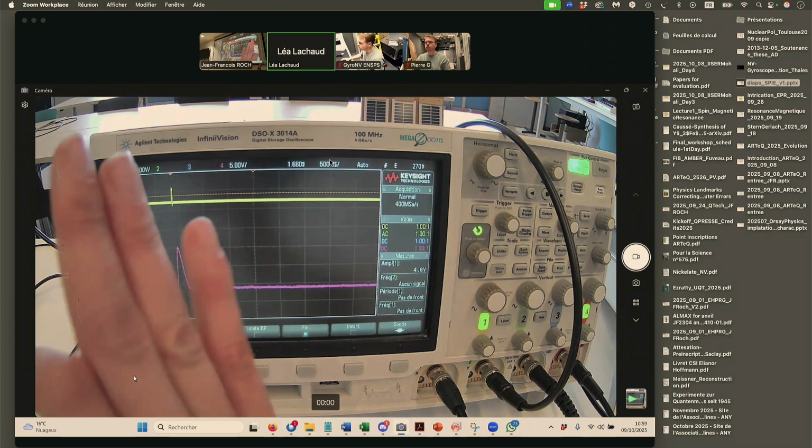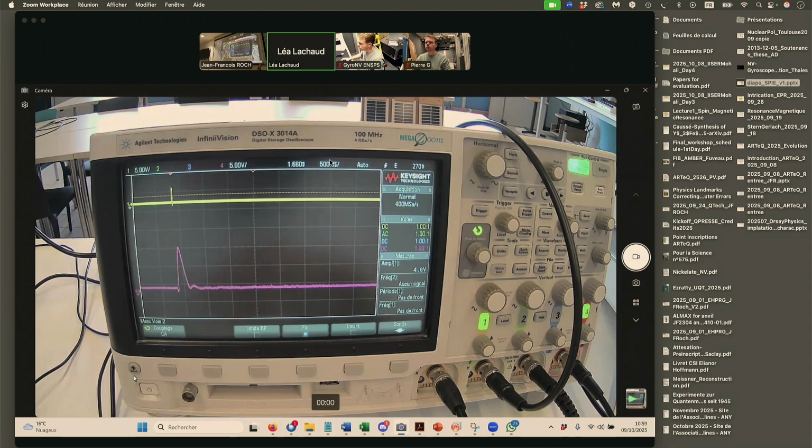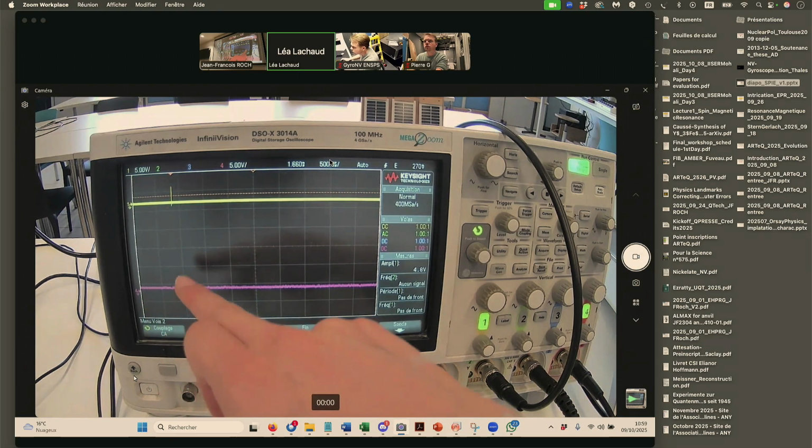So when you do a pi-half pulse, equivalent in terms of Bloch sphere to sending your Bloch vector onto the equatorial plane, right? You have a maximum of response when you have a pi-half pulse, meaning that I can tune the duration of my pulse. Initially, when the duration is minimum, I have a minimum response.